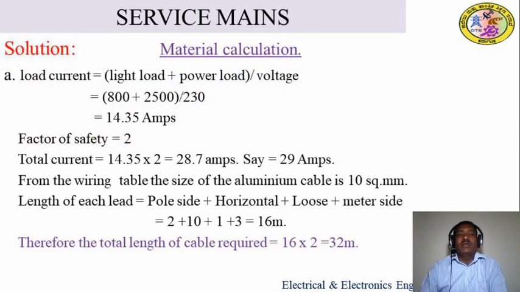First we have to calculate the load current, which we studied in the previous sessions. The load current is equal to the total load, lighting load plus power load, divided by rated voltage.